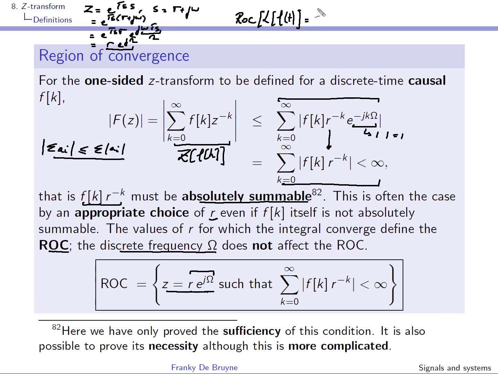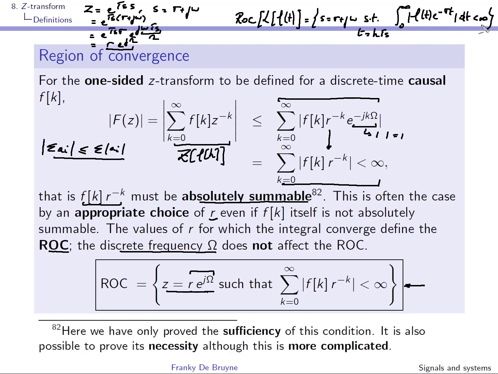It was the set of s equal to sigma plus j omega such that the following integral, and we'll again use the one-sided Laplace transform, f of t e to the minus sigma t dt, converges.